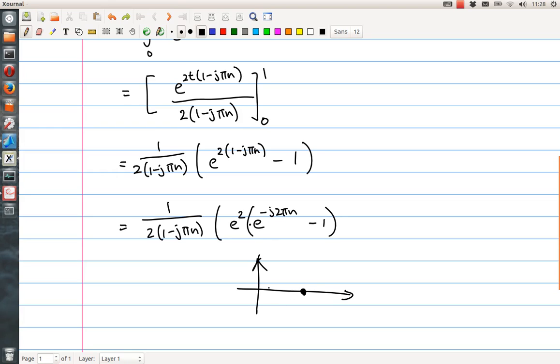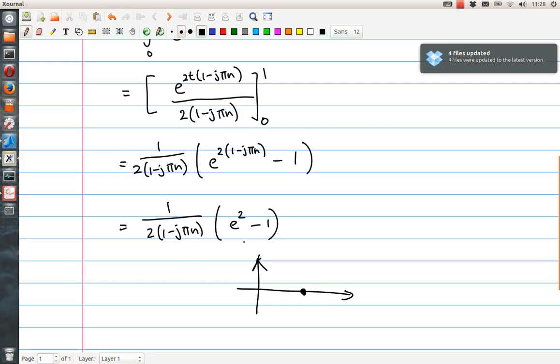So it always ends up at 1, irrespective. We could get rid of this and say this is multiplied by 1. So I can simplify further just to say this. And that's all, this is your Cn coefficient.